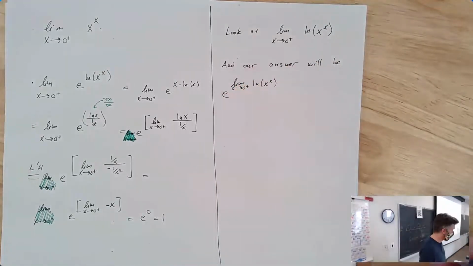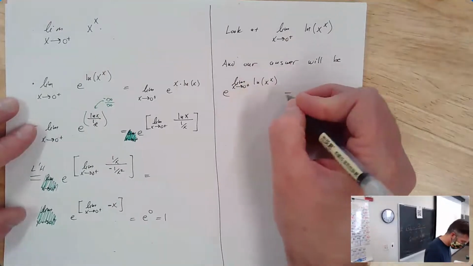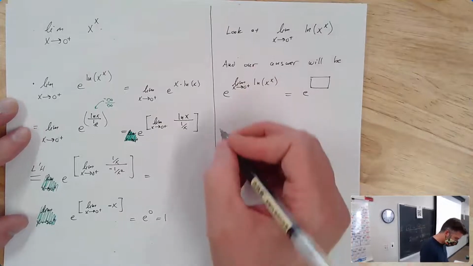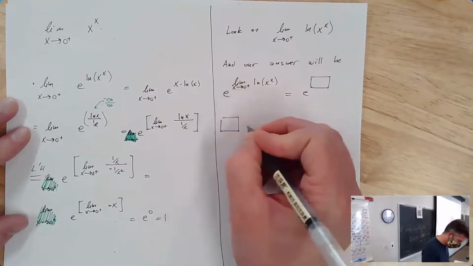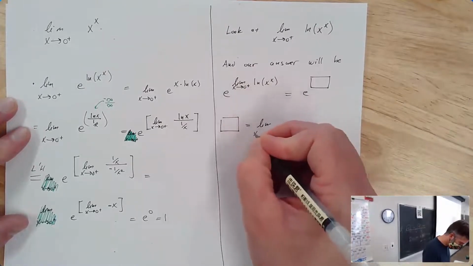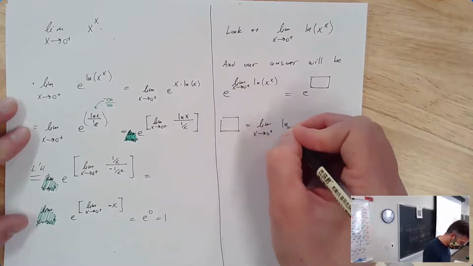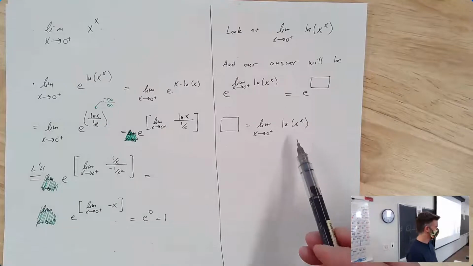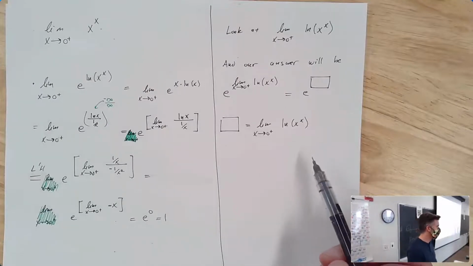It's still the same work. We're going to get e to the something, where the something we're about to find is the limit as x goes to 0 from the right of the natural log of x to the x. I think people like doing it this way more because it feels like you're writing less stuff.